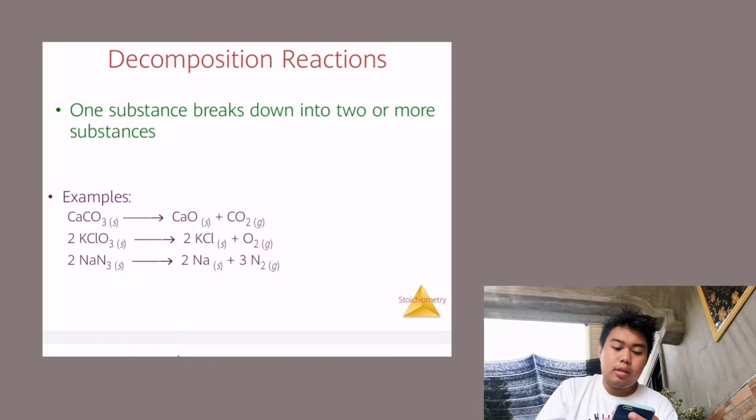Example: calcium carbonate equals calcium oxide plus carbon dioxide.